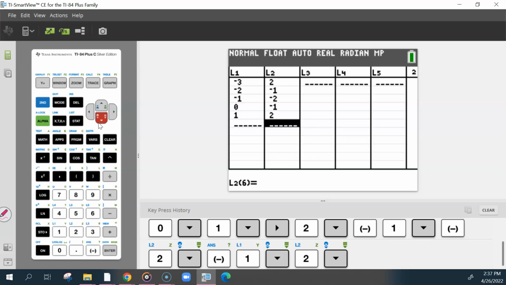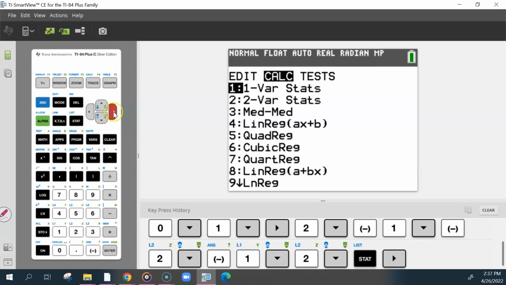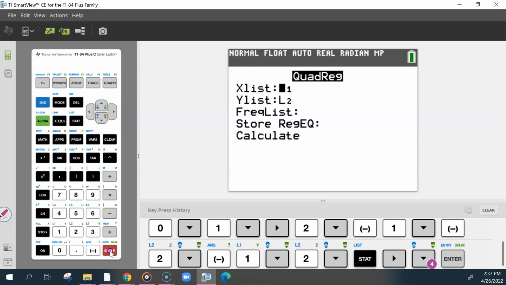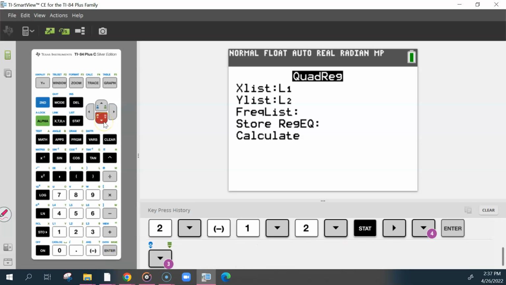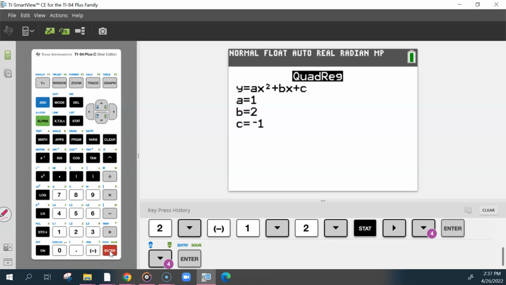And then go into stat, scroll over to calculate, go down or hit number 5. We want our X list in L1, our Y list in L2. We don't want a frequent list. Store regression equation would be if we are actually using the equation for something. In this case, we're not, so we're just going to calculate it. And it would give us our A, B, and C values. So A is 1, B is 2, C is negative 1.